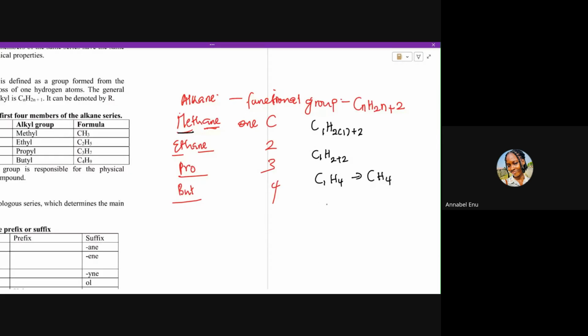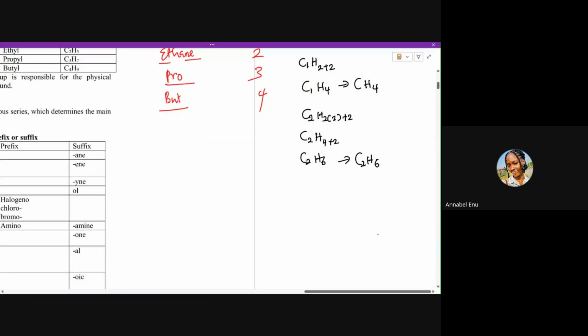Now, let us write for ethane. Ethane is C2H(2 times 2 plus 2), so this will now be C2H(4 plus 2), which is C2H6. Now, let us write for propane.